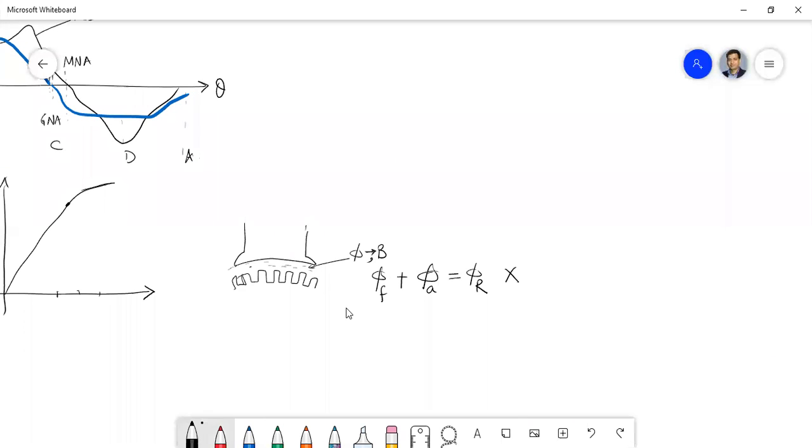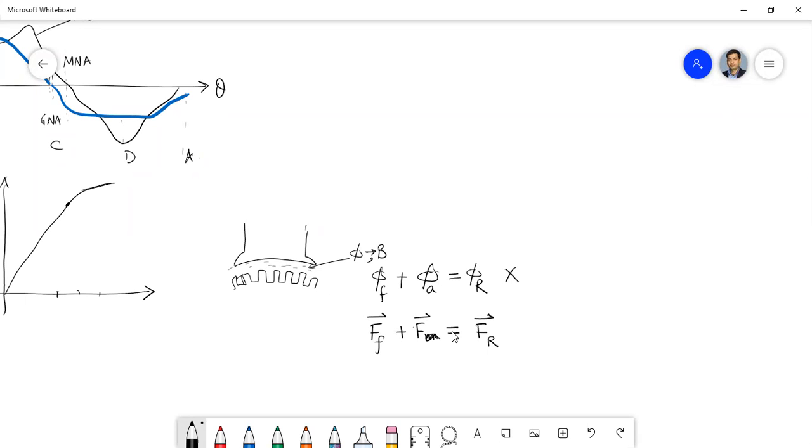The exact approach should be like this: the field mmf and the armature mmf should give me the resultant mmf, and these are all vectors.